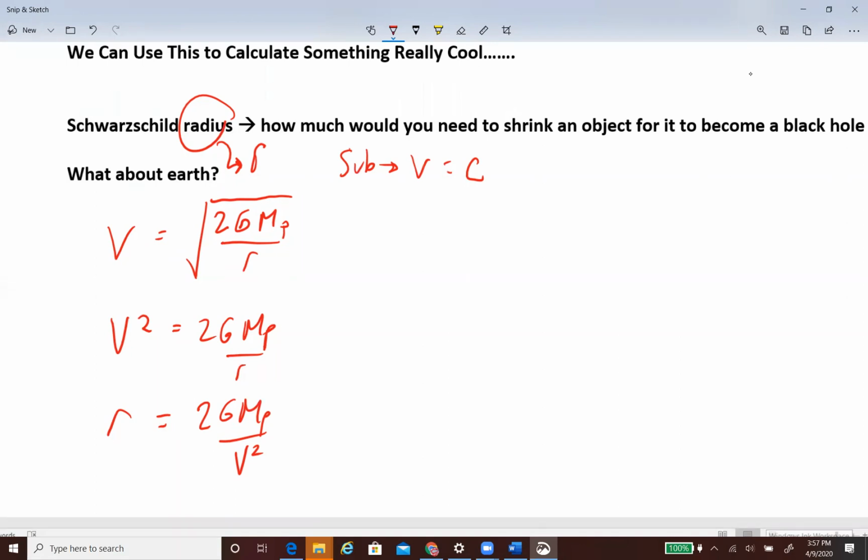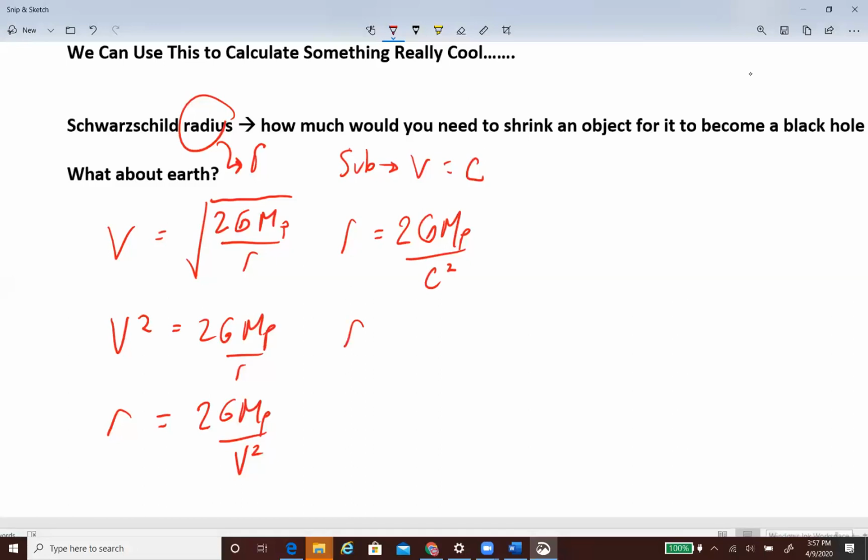So I can substitute V for C, and I can figure out that Schwarzschild radius by using, instead of V squared, C squared.